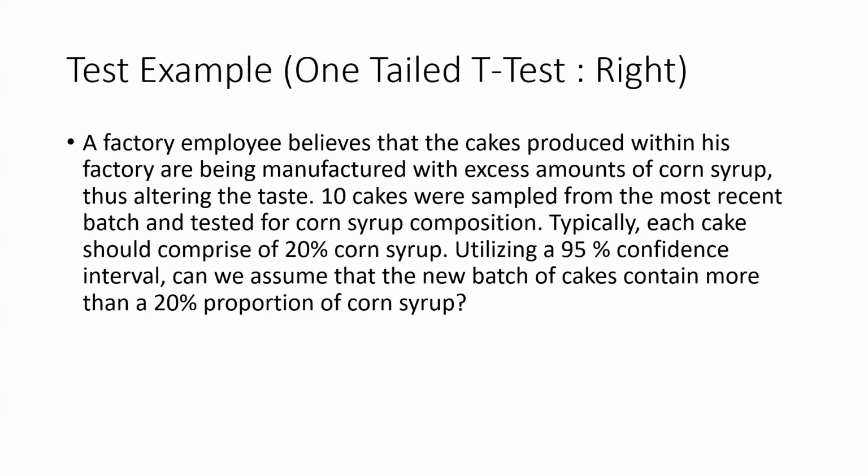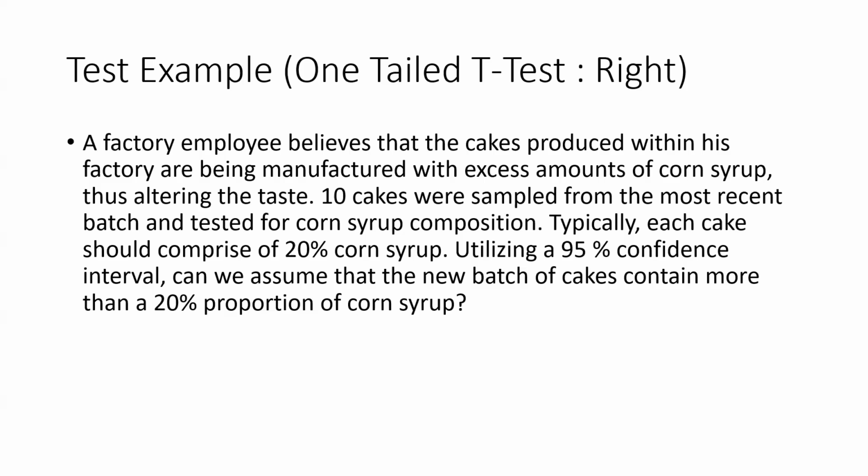A factory employee believes that the cakes produced within his factory are being manufactured with excess amounts of corn syrup, thus altering the taste. 10 cakes were sampled from the most recent batch and tested for corn syrup composition. Typically, each cake should comprise 20% corn syrup. Utilizing a 95% confidence interval, can we assume that the new batch of cakes contains more than a 20% proportion of corn syrup?